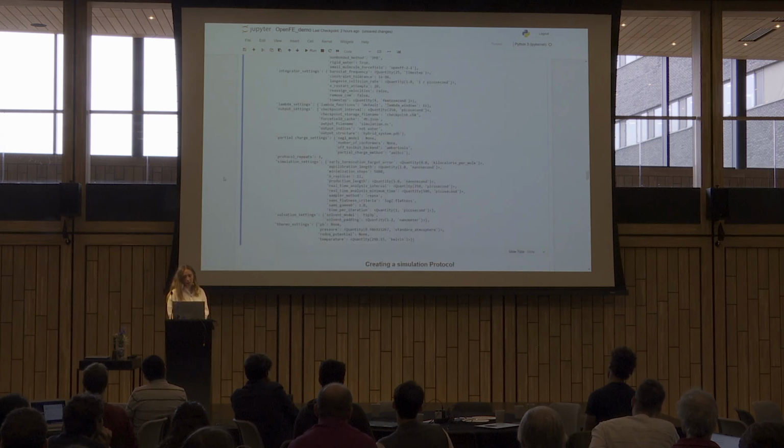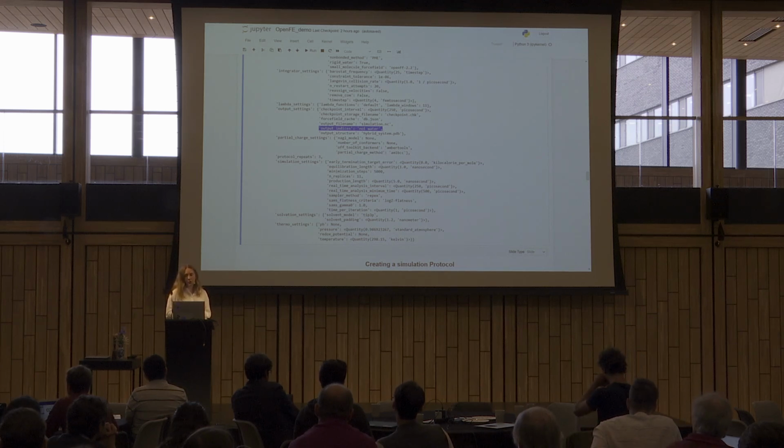We have an area where you define your simulation settings, such as the number of minimization steps, and here we run every lambda window for 5 nanoseconds, which we could also adapt. We have output settings where by default we are, for example, not storing water molecules in the trajectory, just to save disk space. But if you want to analyze the waters in your system as well, this is something you would have to change.